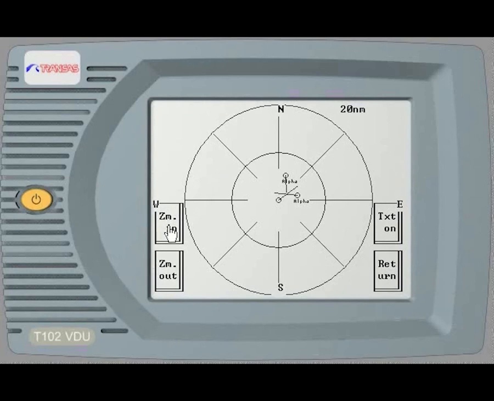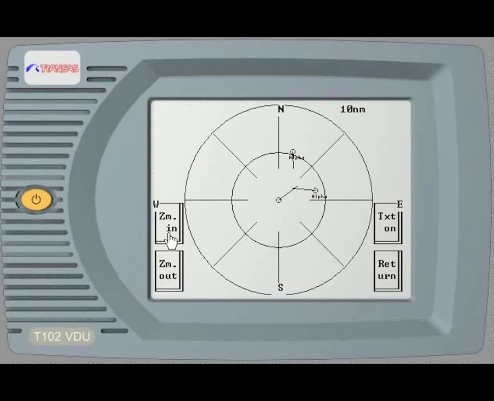Alright, we can zoom in. That is a 20-mile range. That is a 10 nautical mile range, and we have a 5 nautical mile range. Okay, we have a 2-mile range, so within 5 miles and within 10 miles.